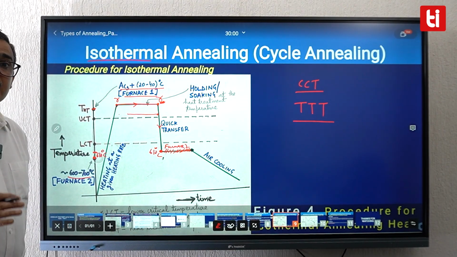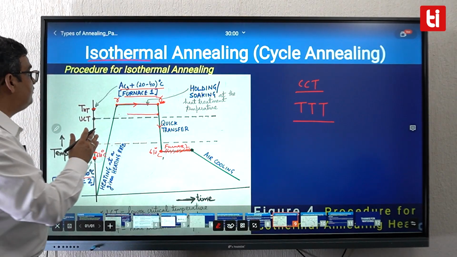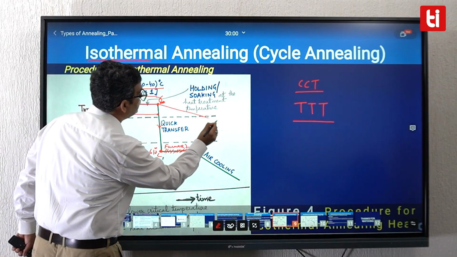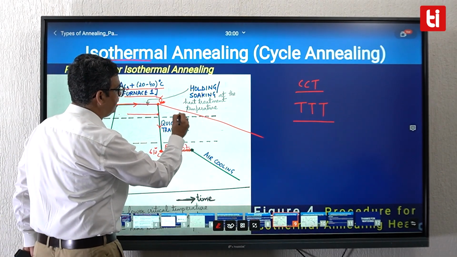ट्राई टू रियलाइज कि कहां तो आप फुल अनीलिंग में यहीं से स्लो कूलिंग करना शुरू कर देते थे और ये आप सारा टाइम वेस्ट करते थे.